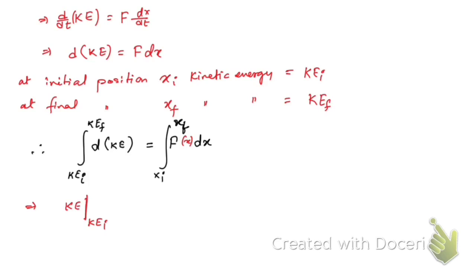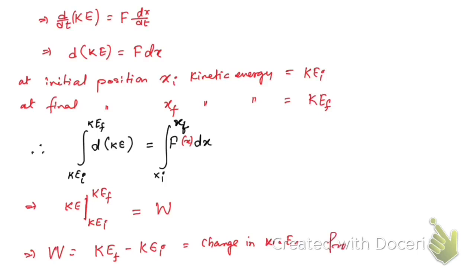KEI is the lower limit, KEF, that is final kinetic energy, is the upper limit. Then this is nothing but the work done by the variable force W. So therefore we can say W is equal to KEF minus KEI, which is nothing but change in kinetic energy, right? That's proved. So if it is mentioned in the question to prove the work energy theorem for variable forces, then you have to apply this method.